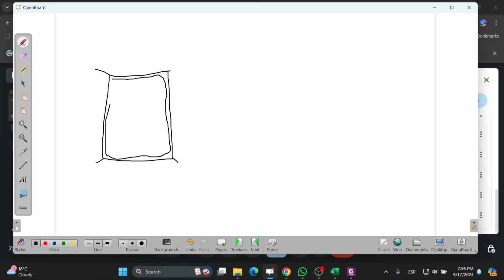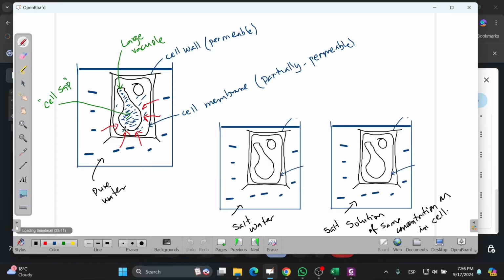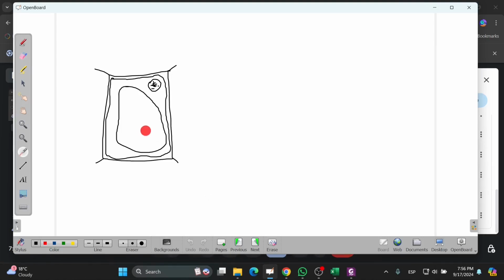So look, the cell membrane would be kind of pushed towards the cell wall, and then the nucleus too, right, will be kind of pushed, and then the vacuole would have enlarged like this, right? Compared to this one. You see that one? Look at what it will look like now.